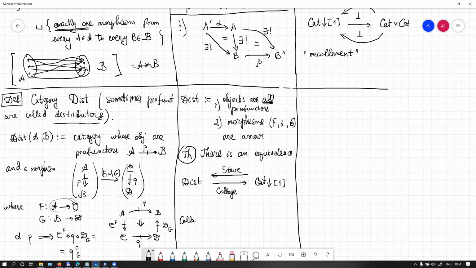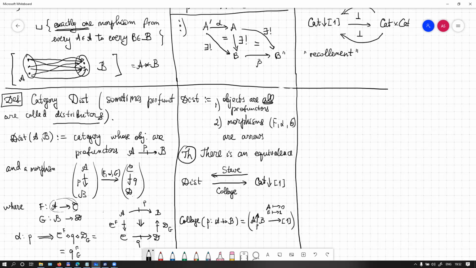So the collage of a profunctor P from A to B is given by a map from the comma category A comma B over P to 1. So objects from A are going to 0, B objects are going to 1.